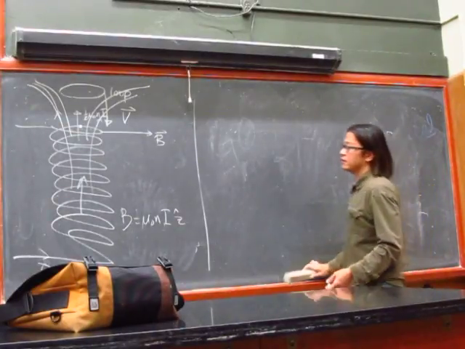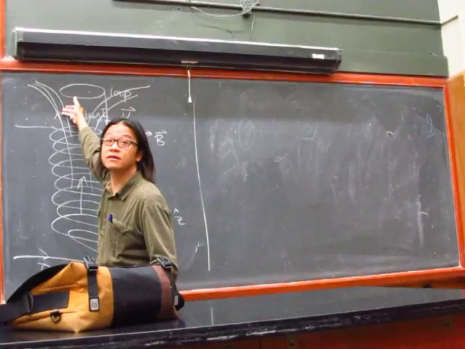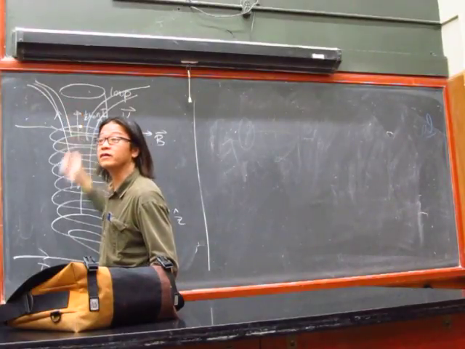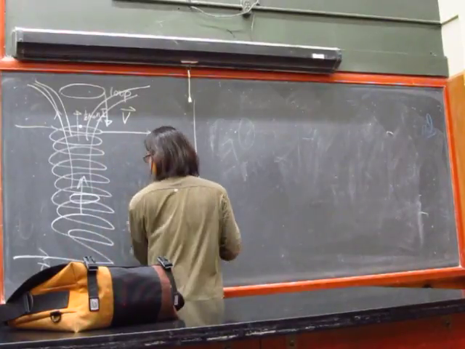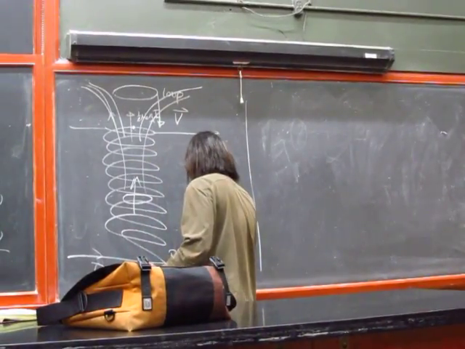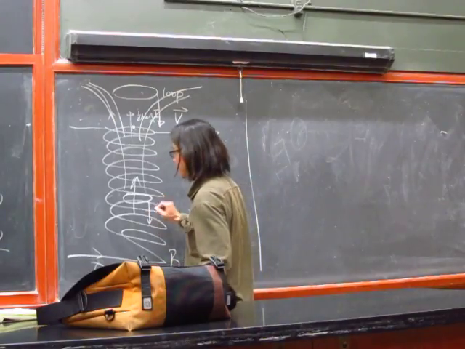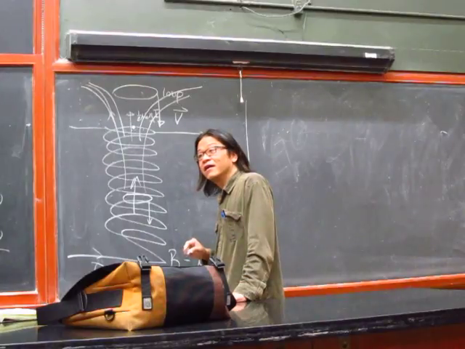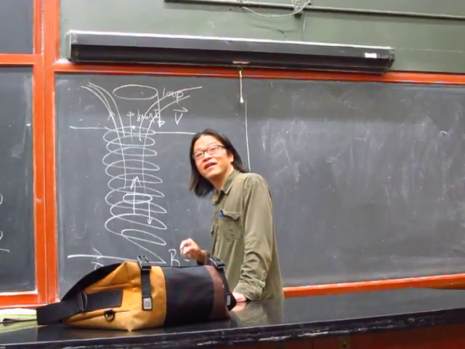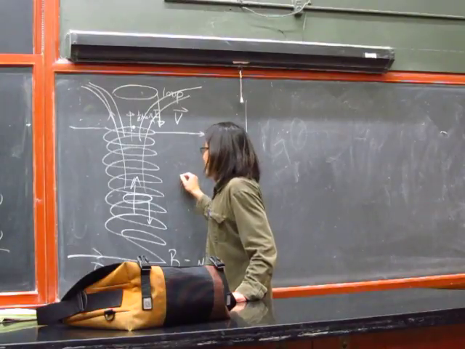So how about if, instead of being at the top of a semi-infinite solenoid, I'm actually deep inside. Then there is no EMF.